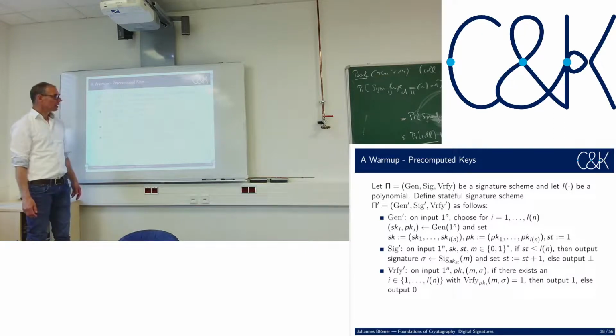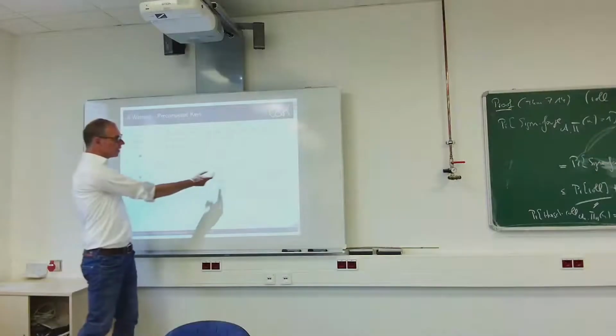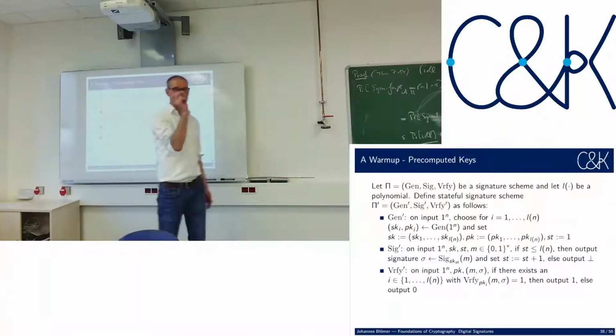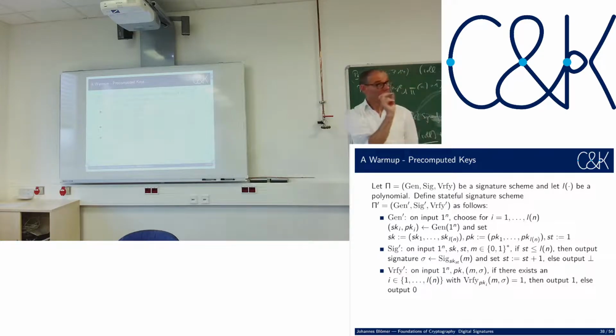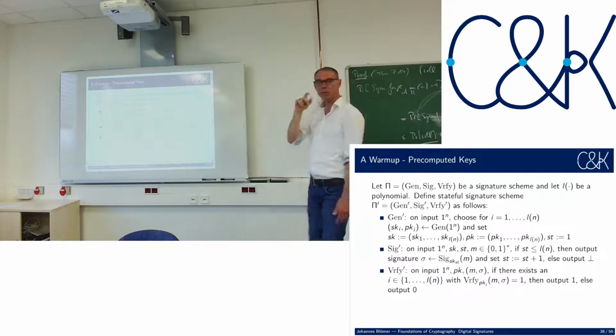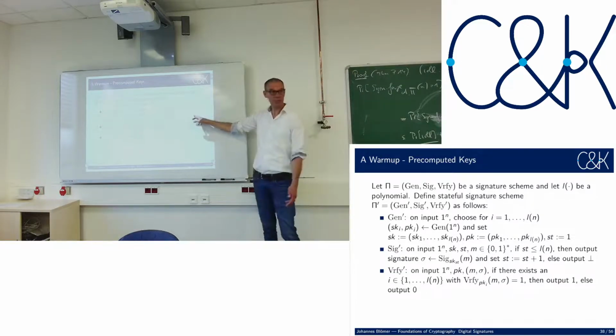Now, if it wants to sign a message with a state, the state here is simply: how many signatures did I already compute? Or, what's the number of the signature that I now compute? So the state starts with 1.